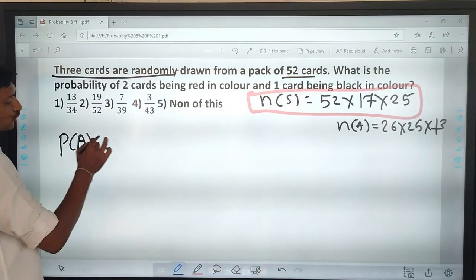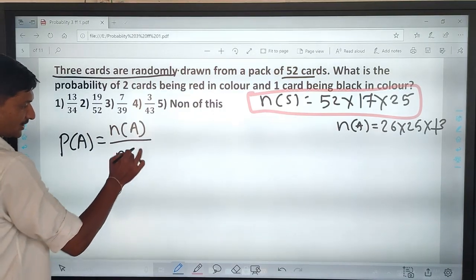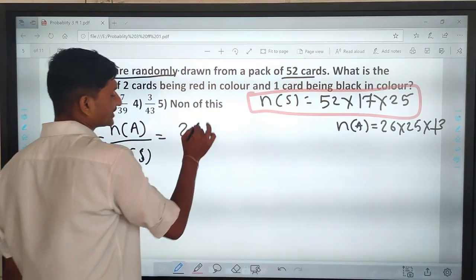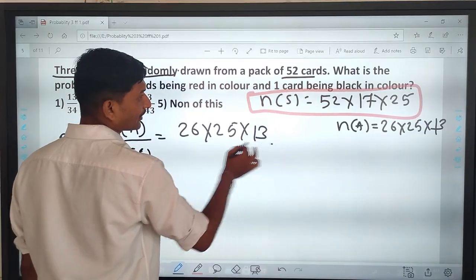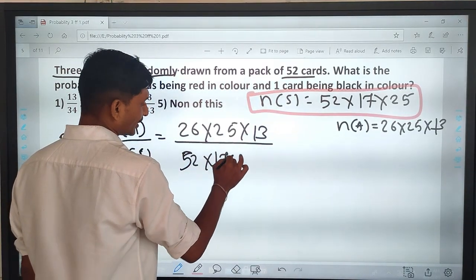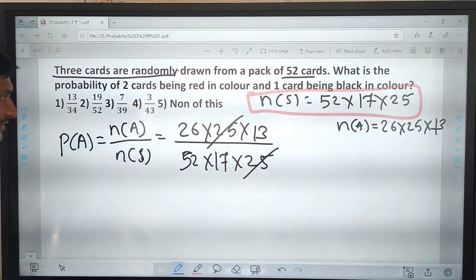Then P(A) is equal to n(A) divided by n(S). Then 26 into 25 into 13 divided by 52 into 17 into 25. Then 25 gets cancelled.